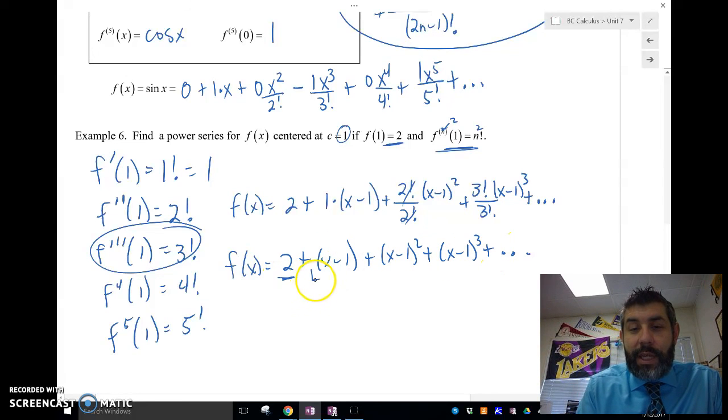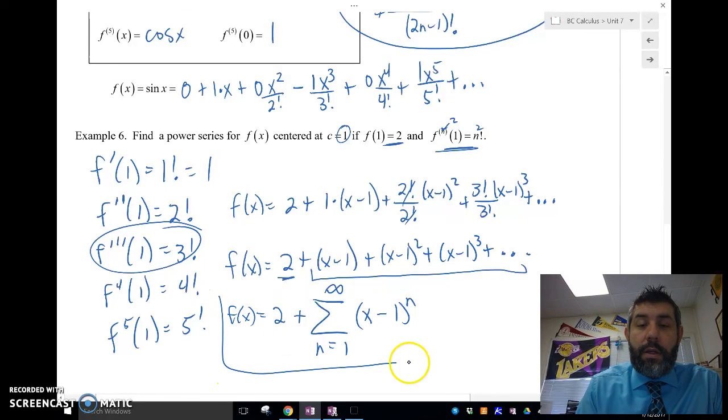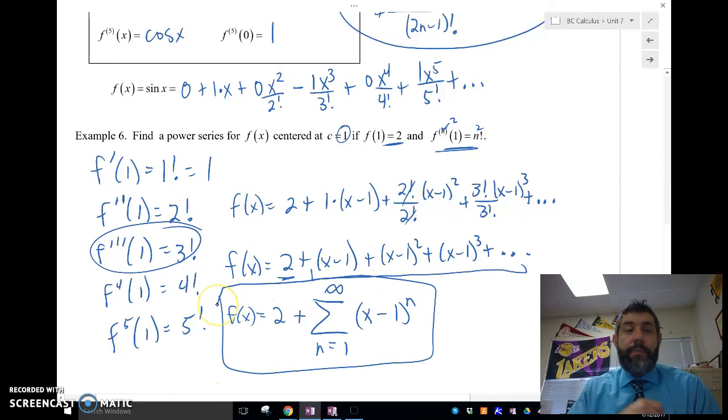So what I'm going to do is take this part and write this in sigma notation. Let's go n equals 1 to infinity of x minus 1 to the n, right? And then I'm just going to write this 2 out here. Okay. And there's my answer. There's the power series for this problem.